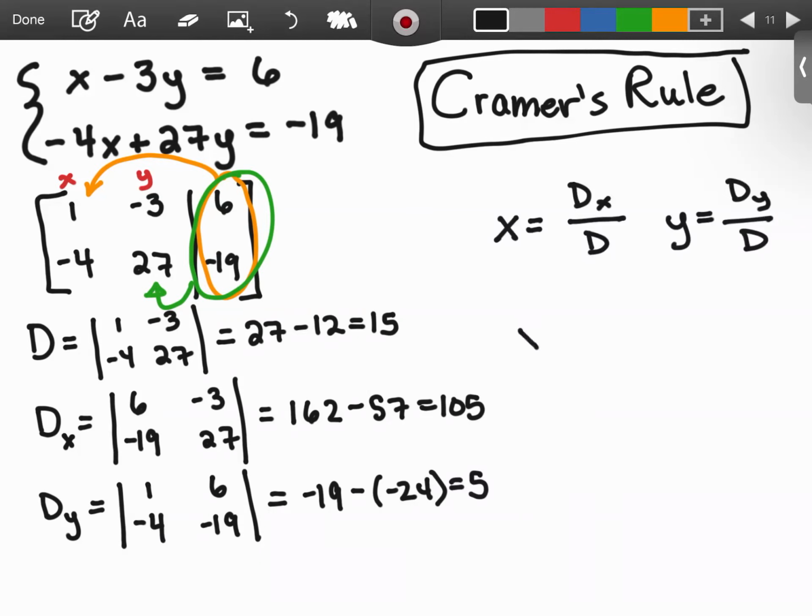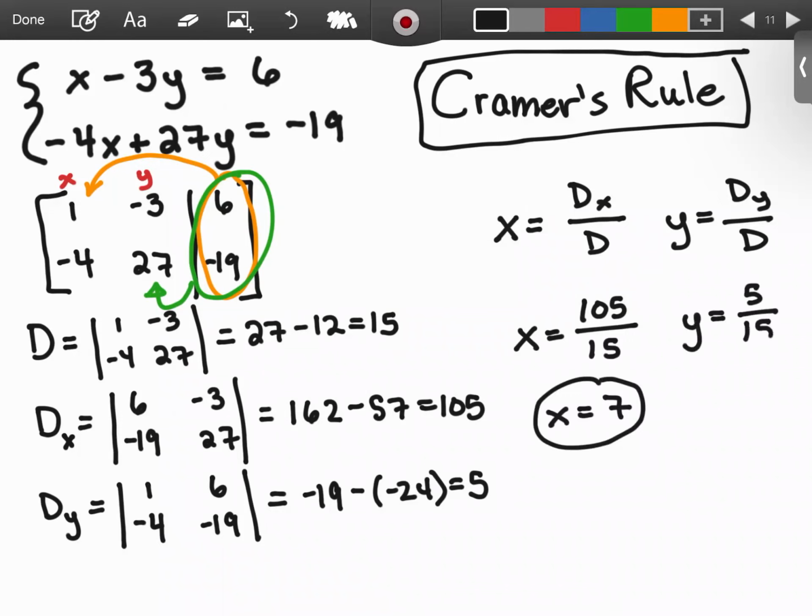So to solve for x, we're just going to take our dx, which is 105, and divide it by d, which is 15, which means x is 105 divided by 15, which is 7. Then y is going to be dy, which is 5, over d, which is 15. So y is just 1/3. And that's Cramer's rule. Of course, we want to write the answers as an ordered pair, x first, then y. So it would be 7, 1/3.